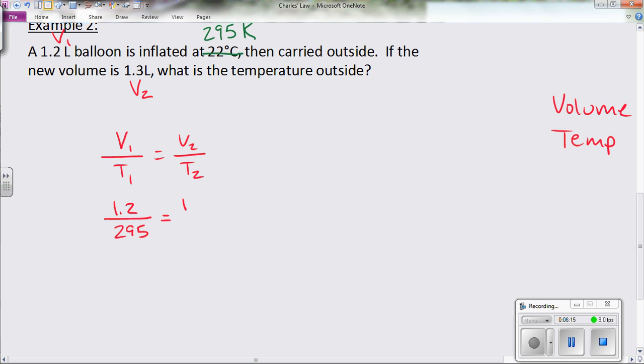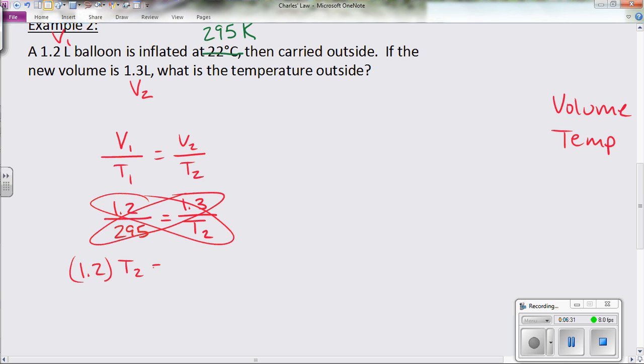We know that V2 is 1.3, and T2 is unknown, so that will remain our variable. All right, we can do our cross multiplication here. So we have two sets. I will start with 1.2 times T2 equals 295 times 1.3.